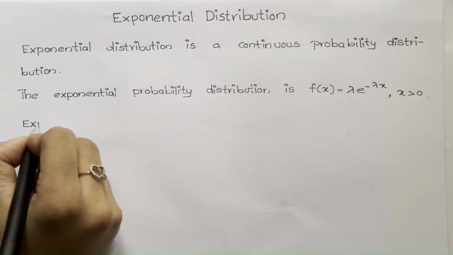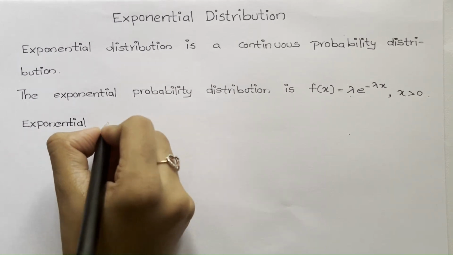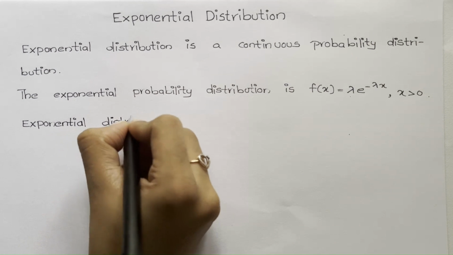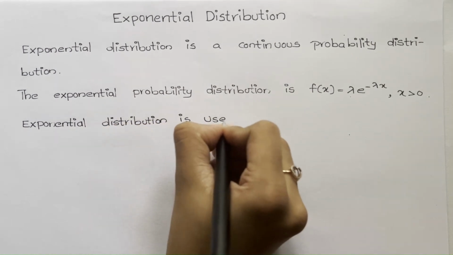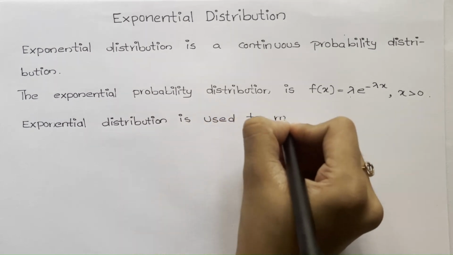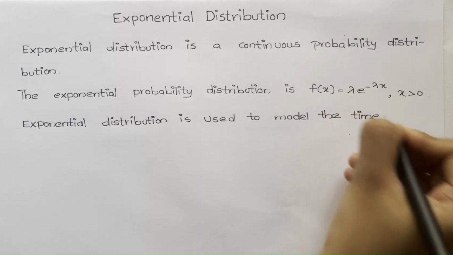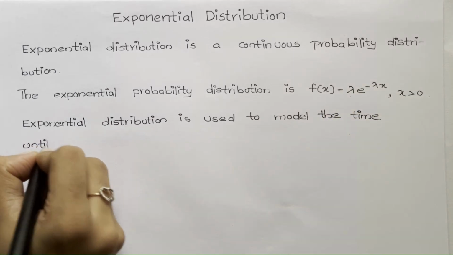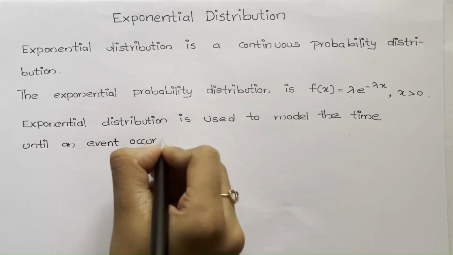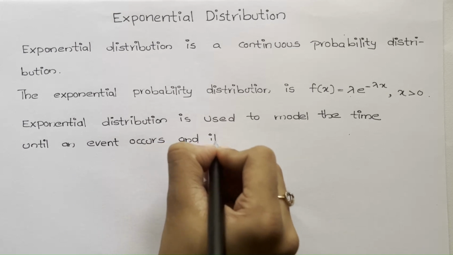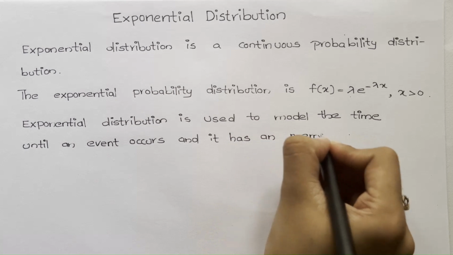Exponential distribution is used to model the time until an event occurs, and it has a memoryless property.